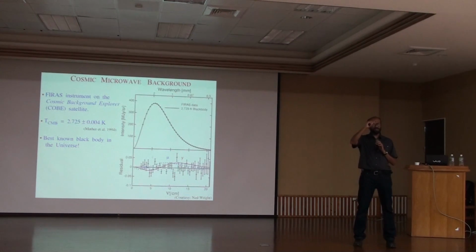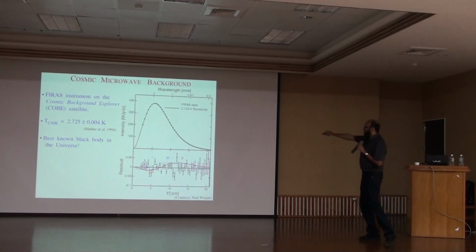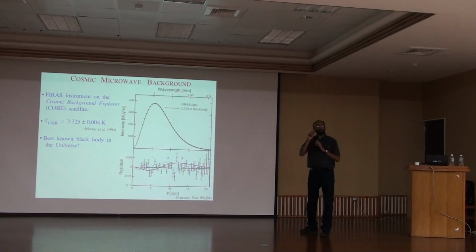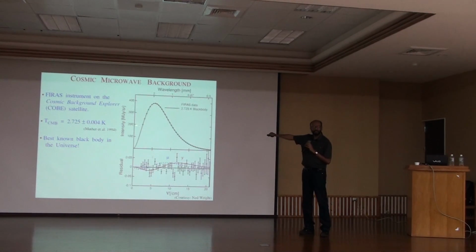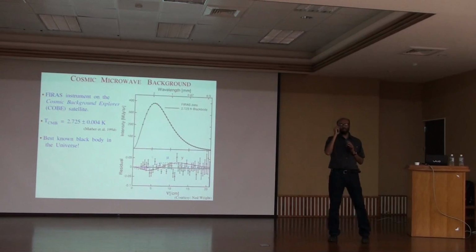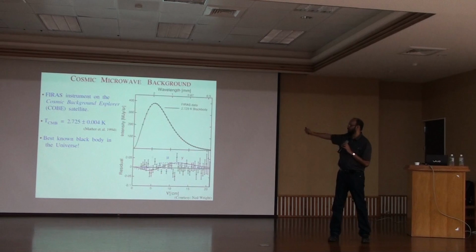You measure something, but it has some small errors on it. The errors on these points are roughly 1/100 the size of the point. The errors are tiny on these measurements. And the black body curve fits this wonderfully. This is the best known black body in the universe.